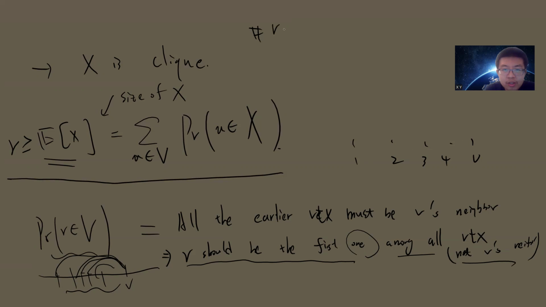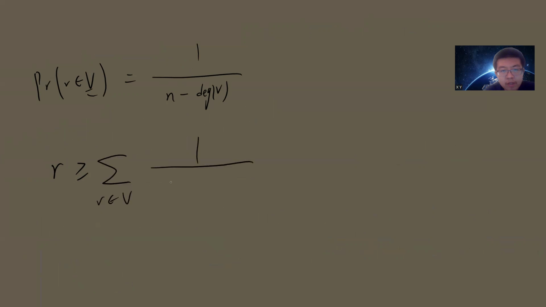The number of vertices which are not v's neighbors is n, the total vertices, minus degree of v, minus 1, because we subtract v itself. So the probability that v belongs to X is 1 over n minus degree of v, because v should be the earliest one. So r is greater than or equal to the sum over v of 1 divided by n minus degree of v.